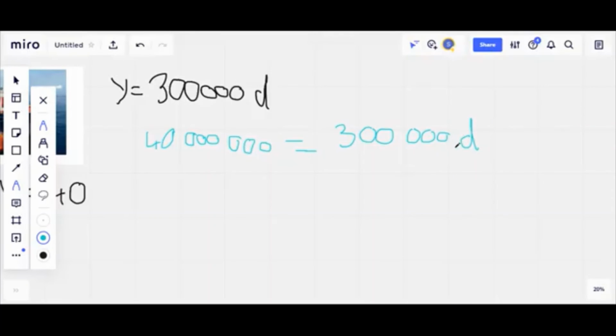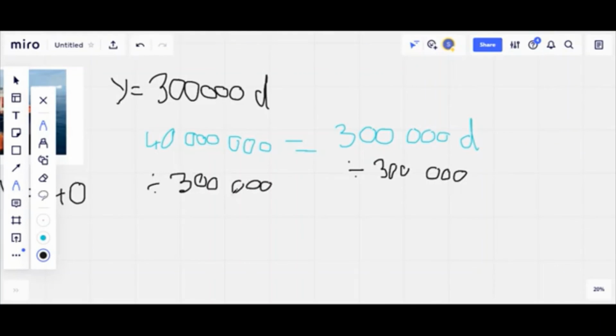So that's a multiplication in here. So we need to divide both sides by 300,000. Then we also have to divide this side as well by 300,000. We divided both sides by 300,000.